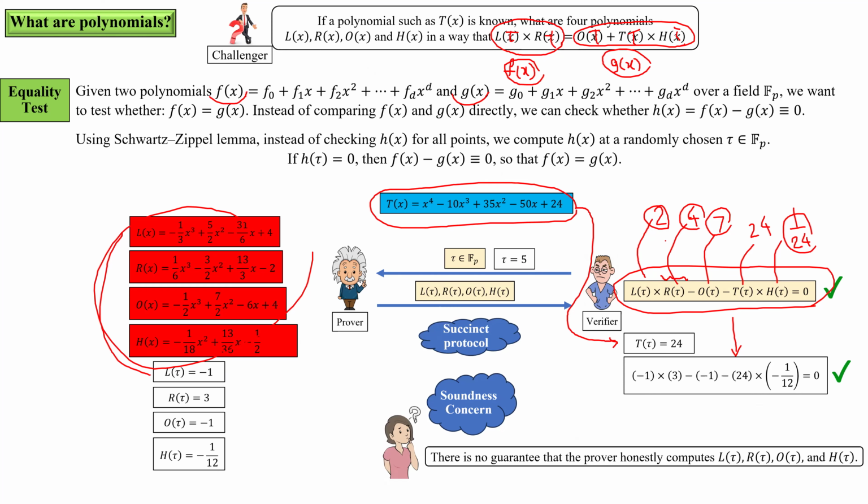So this is the soundness concern. We need to ensure that the prover really knows the polynomials, and then using those specific polynomials, computes the evaluation and sends the evaluation, not just specifically designed values without knowing the polynomials. Okay, now the question is how we can guarantee that the prover knows the polynomials and computes the evaluation based on those polynomials.